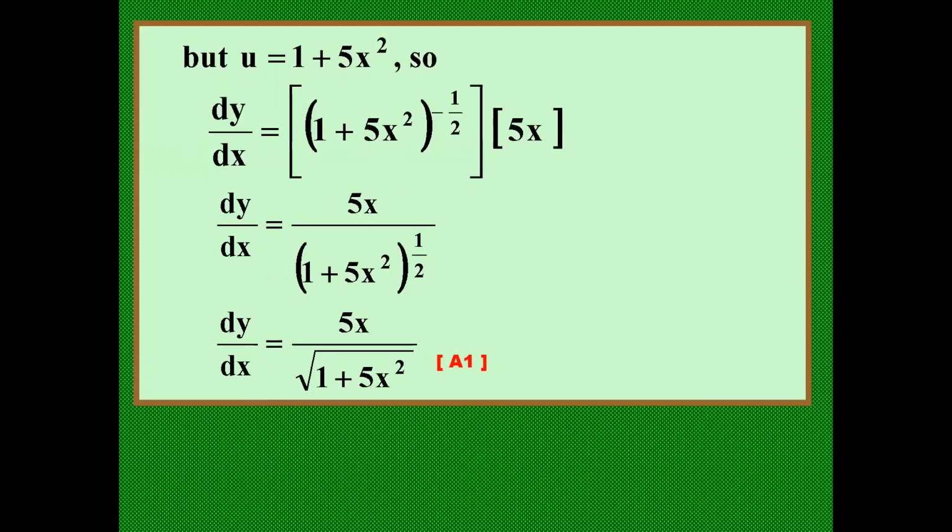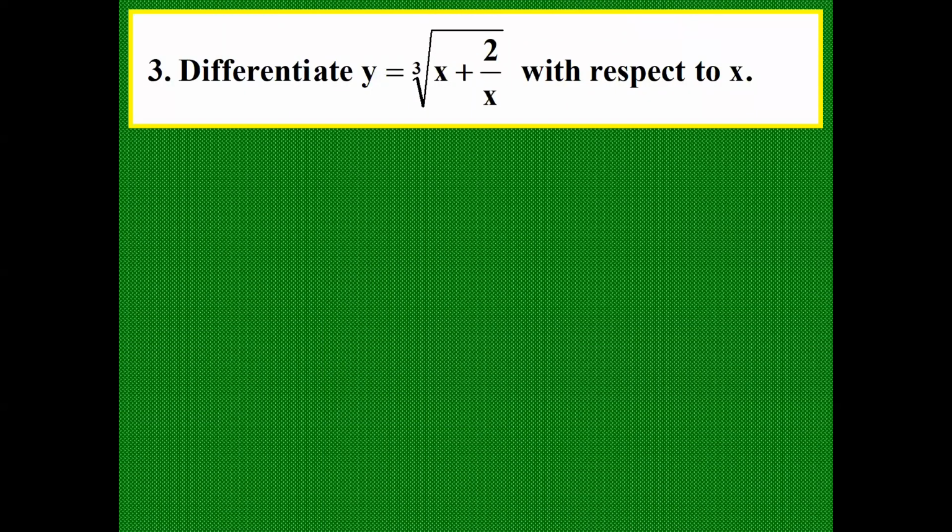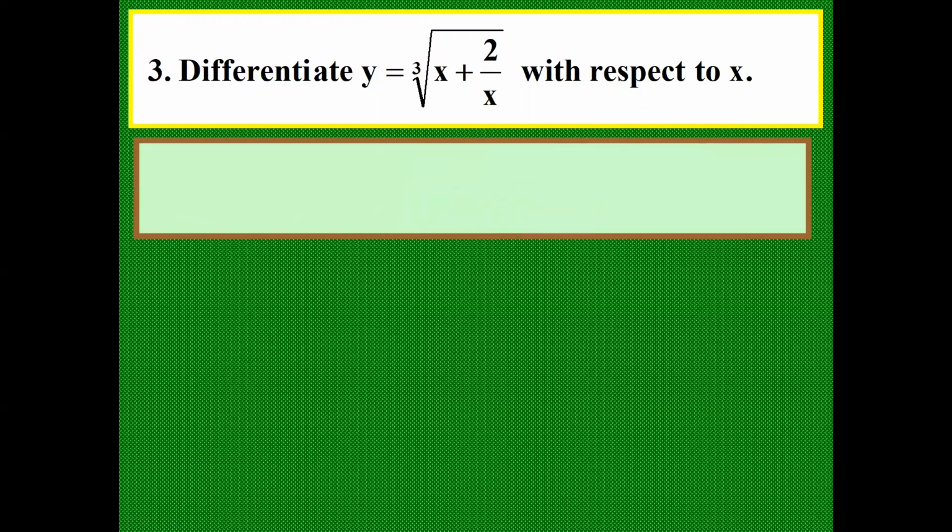Okay, easy job. Next, let's say you have a cubic root like this, right? So what is the power? Yes, power of 1 over 3. So now you know the drill already. Whatever is inside the bracket will be u.